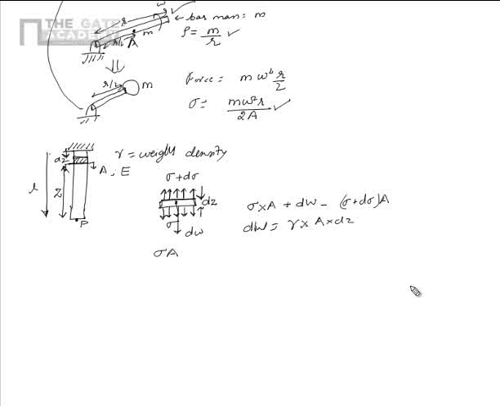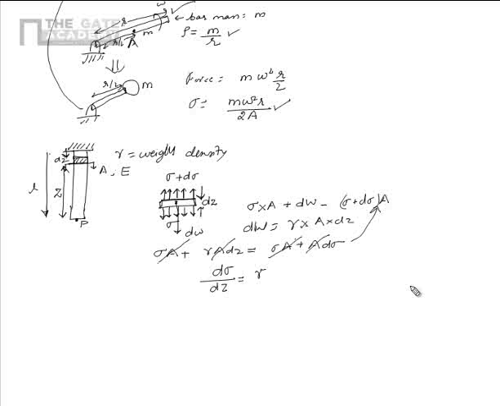We get sigma A plus gamma A dz is equal to sigma A plus A d sigma. Now we cancel out sigma A from both sides, and we cancel out A also.